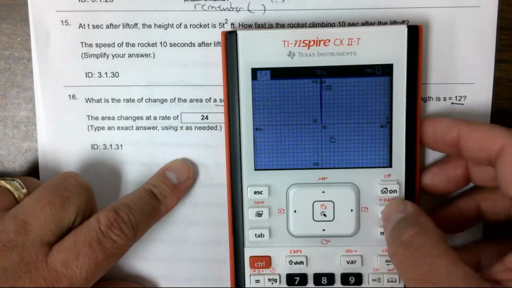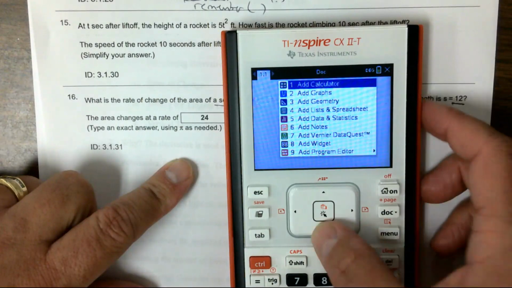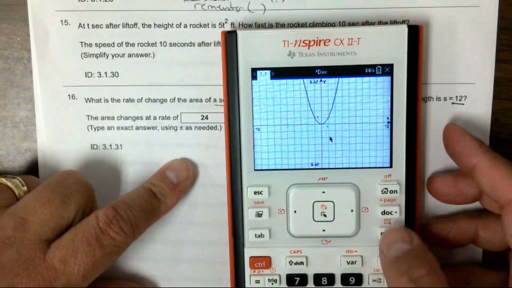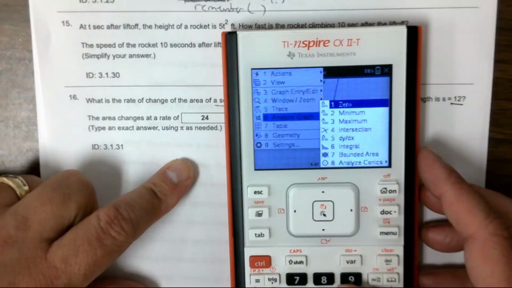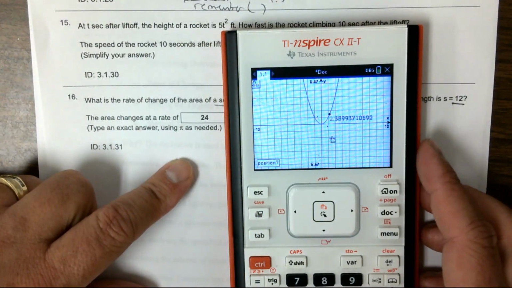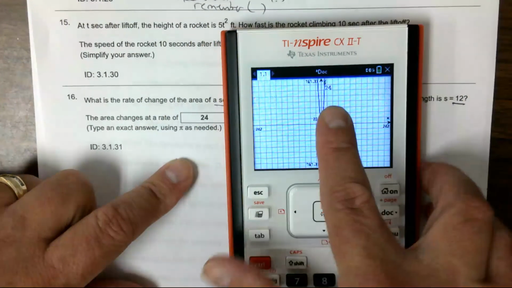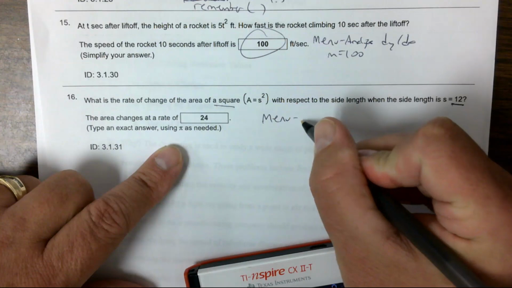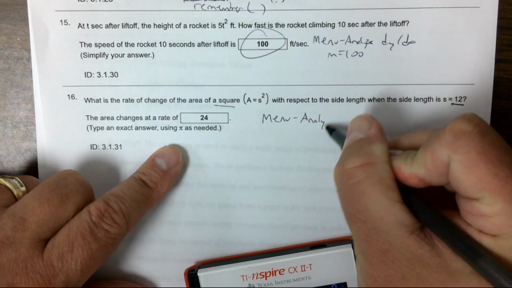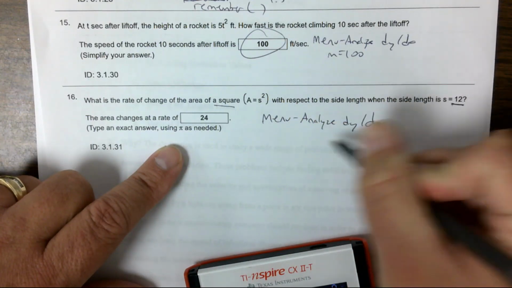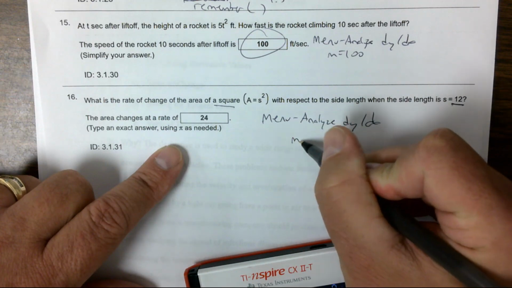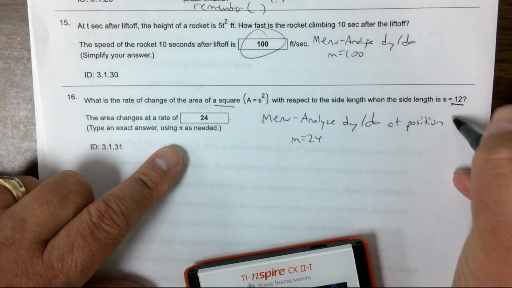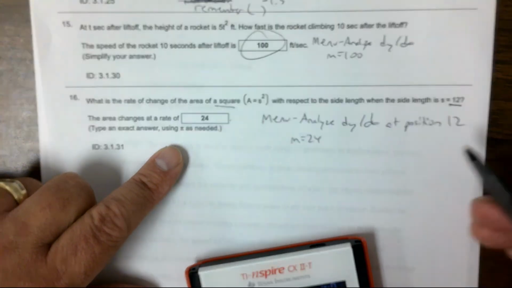So you go x squared, menu, analyze, dy dx, put 12 in, and there's your answer, 24. Menu, analyze, dy dx, and you were given m equal 24. So this again, position 12, and your answer is 24.